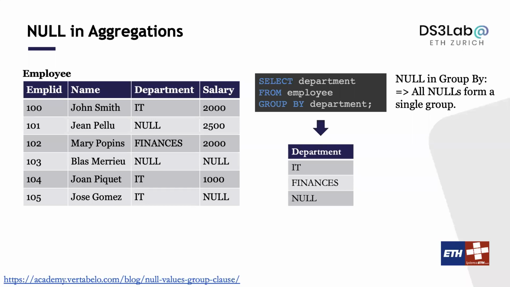Here I have 2 null values in department, 3 values of IT, and 1 value of finances. So you are going to have a result with 3 tuples: the IT, the finances, which is the easy one, and all the null values are going to become one group.